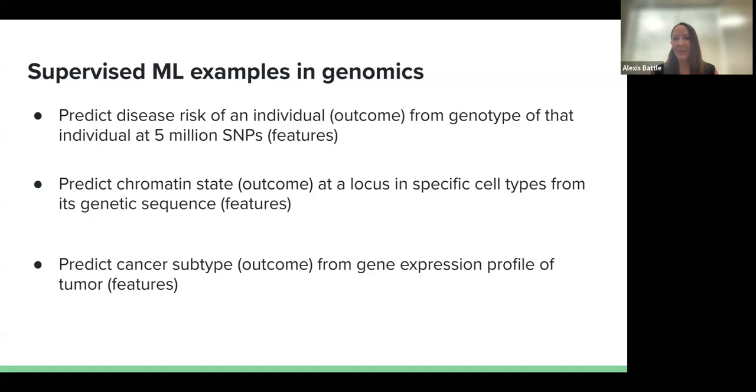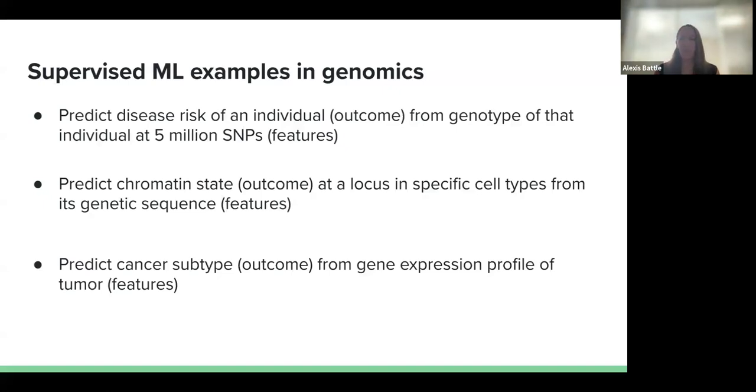Here I've given an example of using single nucleotide polymorphisms, or SNPs, at 5 million different positions in the genome as our features. So we would be given somebody's genetic profile, these 5 million SNPs, and we'd like a function that would predict their level of disease risk from that.